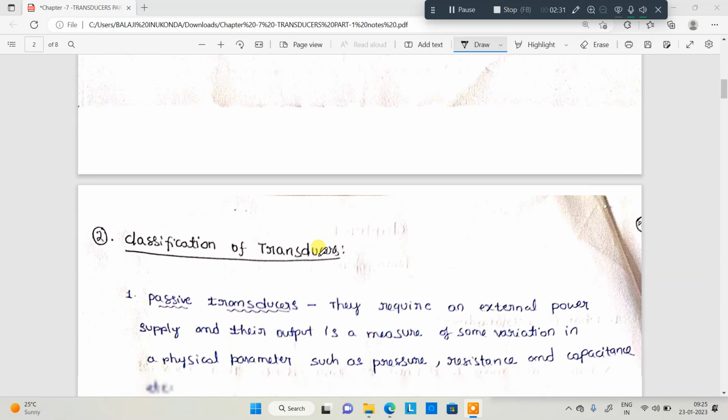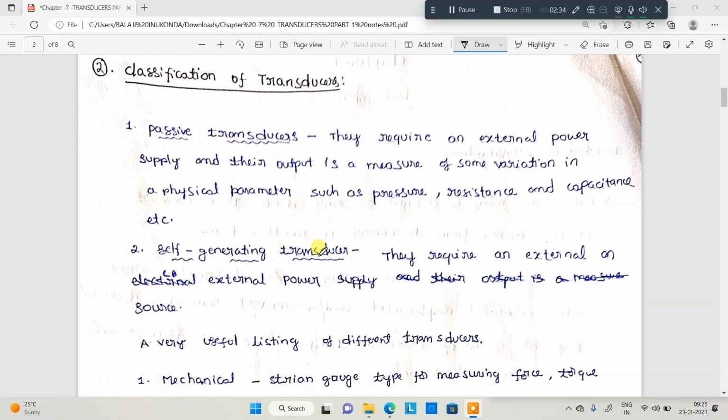Now we are going to classify the different types of transducers. Transducers are classified into two types: the passive transducer and the active transducer. A passive transducer requires an external supply, and the output measures some variation in physical parameters such as pressure, resistance, and capacitance.